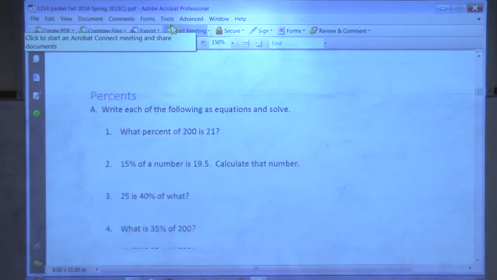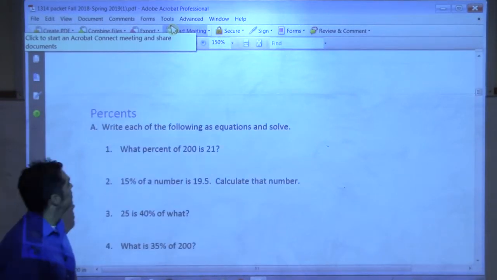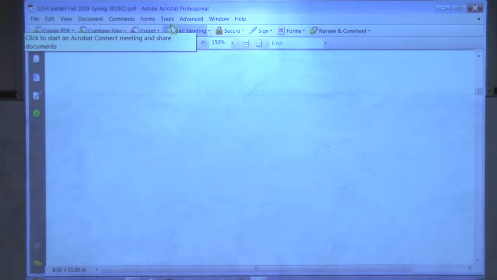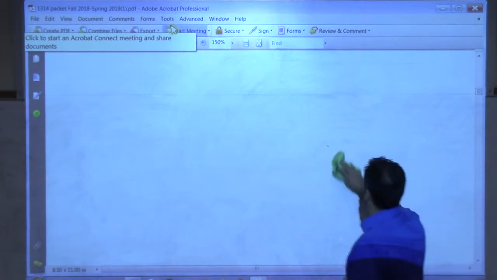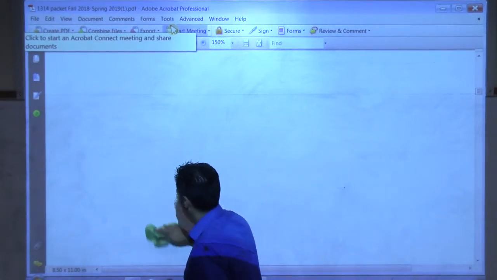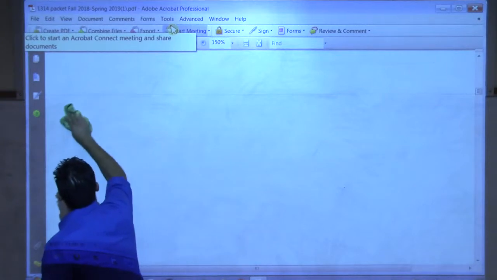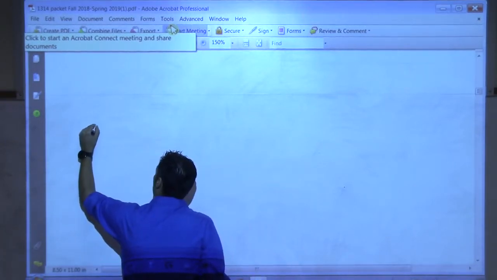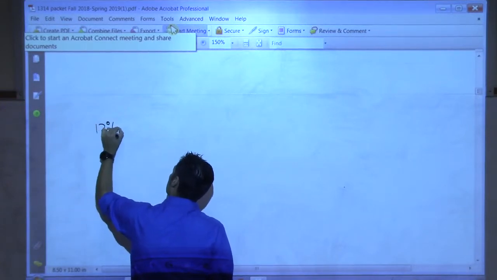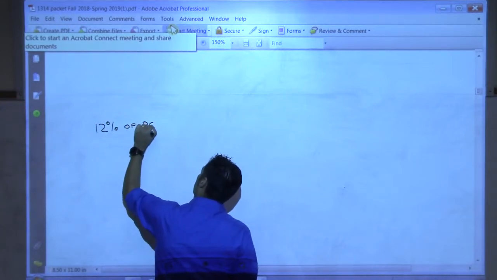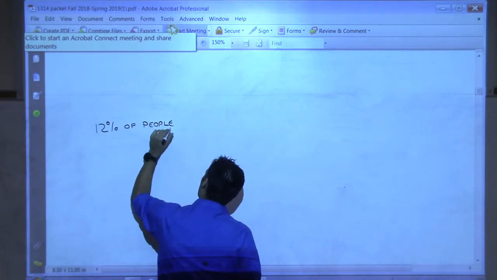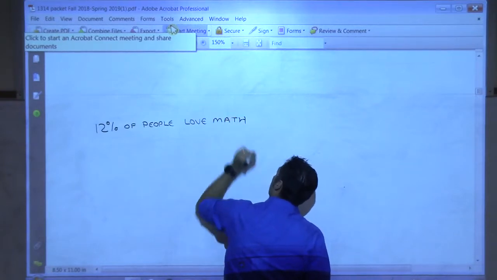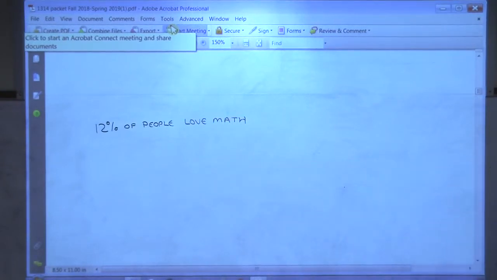And so now we're going to move on to percentages. So let's talk a little bit about percents before we actually get in there. If I write 12% of people love math, then what does that 12% mean?